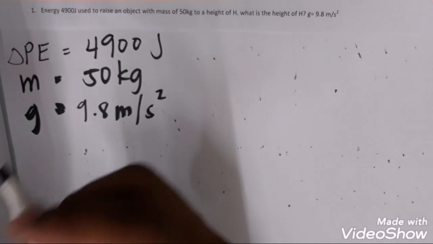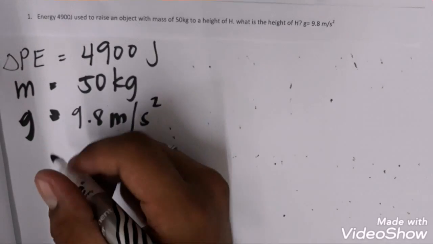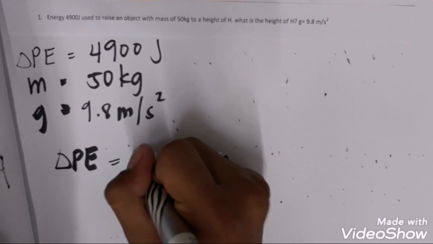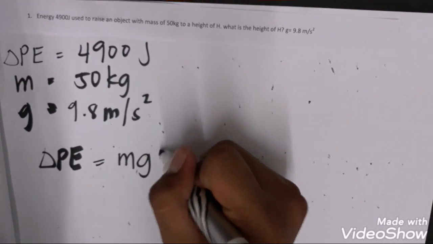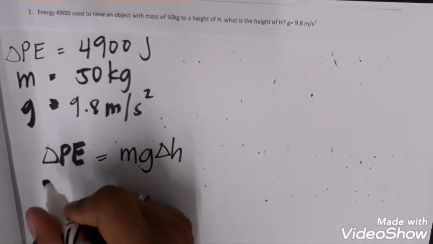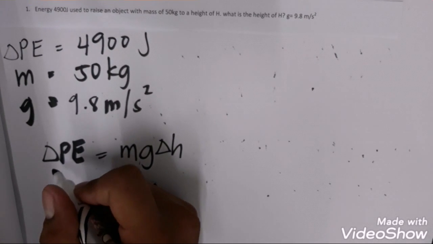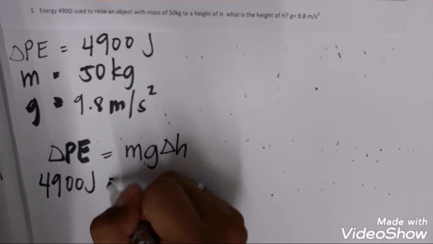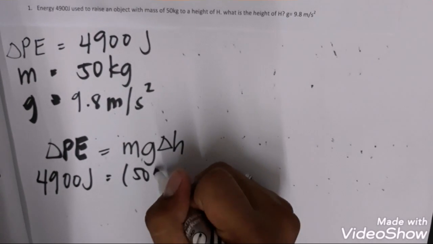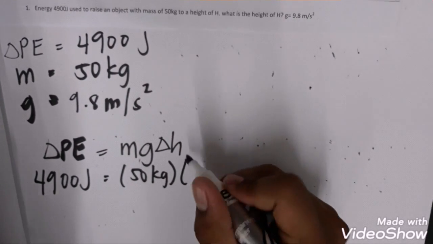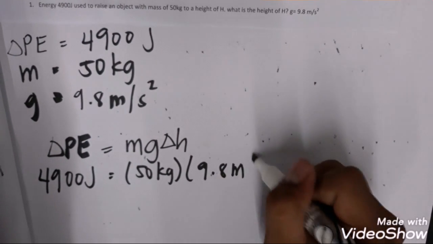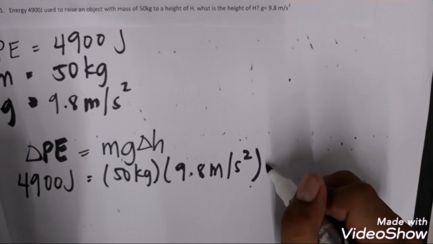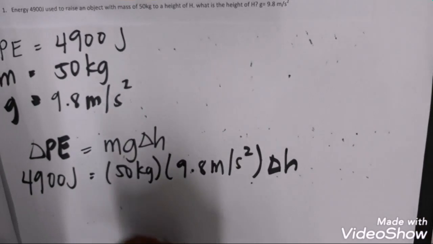So let's find the height. The solution is: change in P equals mass times gravity times change in height. So the change in potential energy, 4,900 joules, equals 50 kilograms times gravity of 9.8 meters per second squared times the height, which is unknown.